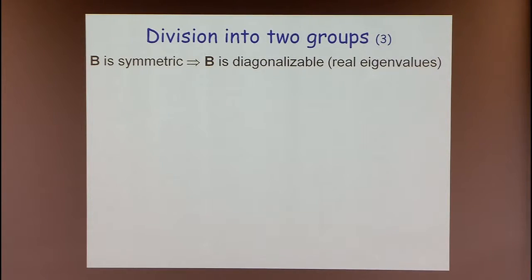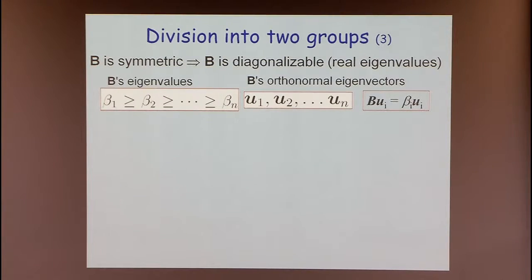You recognize that B is a symmetric matrix, therefore it has n eigenvalues with associated n orthonormal eigenvectors.